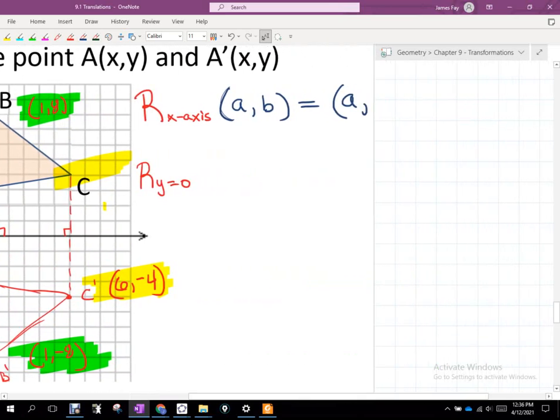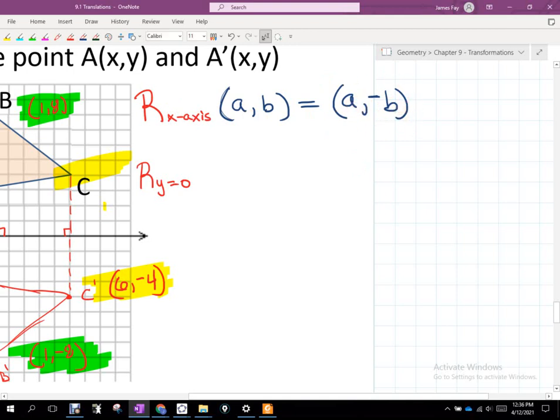Opposite, right? Well, if B is where I started with, what's the opposite of B? How do I write the opposite of B algebraically? Negative B, right? Does that make sense to everybody? Okay. So that is what we call an x-axis reflection. You're going to just change the y values by a negative.